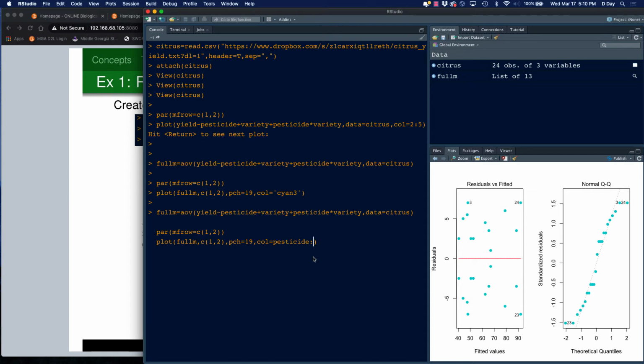And colon variety. And when I do that this time, they should be colored, yeah. And so it makes this multicolored thing. I actually find that with these two-factor ANOVAs, it makes it look a little more confusing, especially when there's only two. Matter of fact, let's zoom in on this.